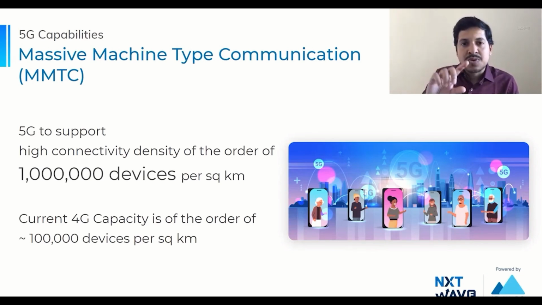But 5G is going to take that at least one order of magnitude higher and allow up to 1 million devices per square kilometer to connect to the network. So that was the third use case or capability that was laid out in the vision document for 5G.